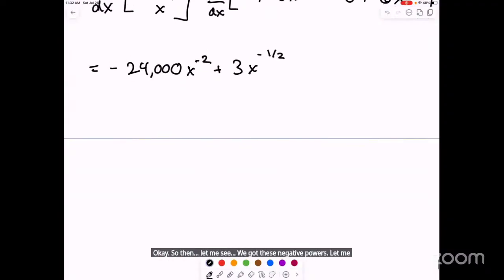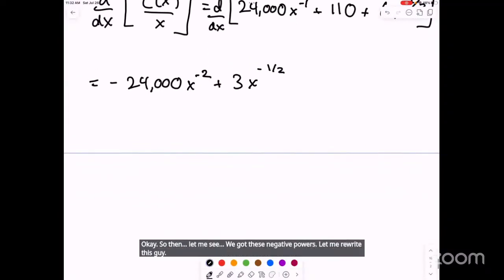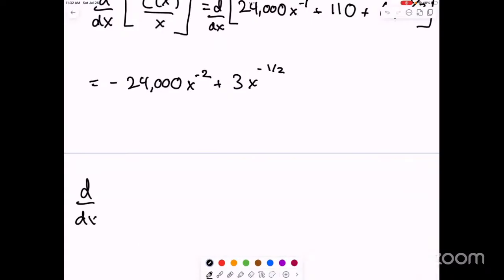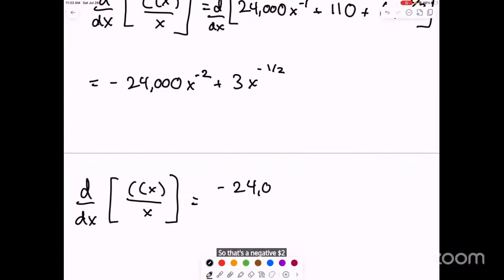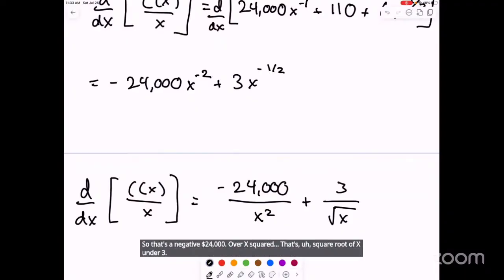Let me rewrite this guy. So that's a negative 24,000 over x squared. That's square root of x under 3.